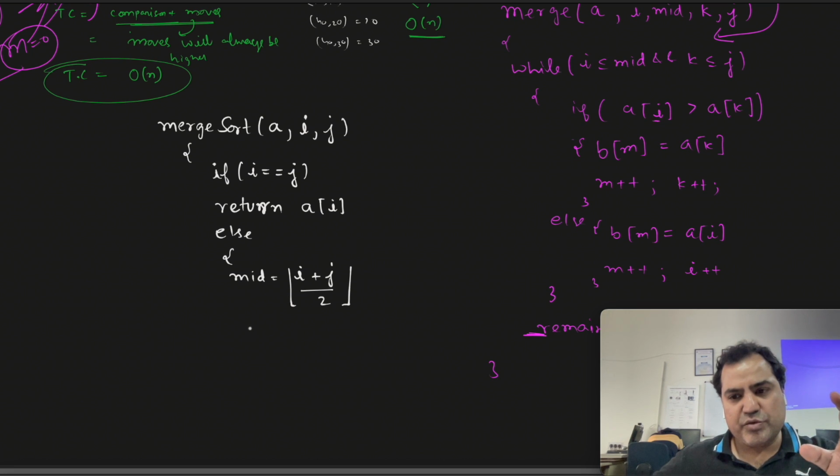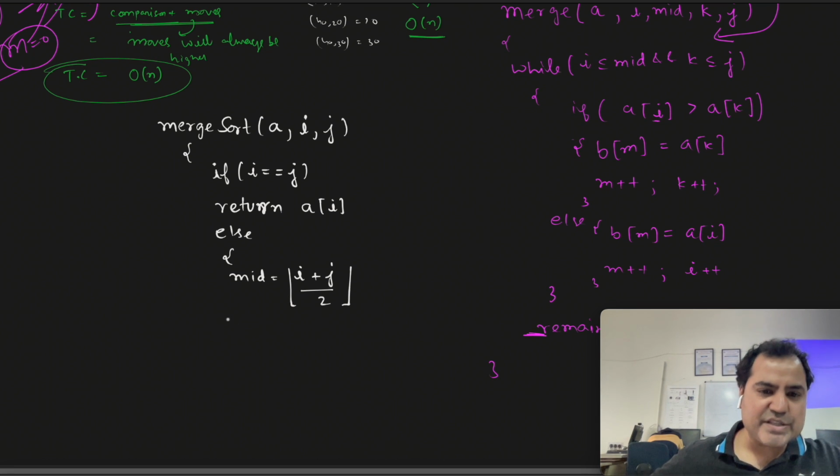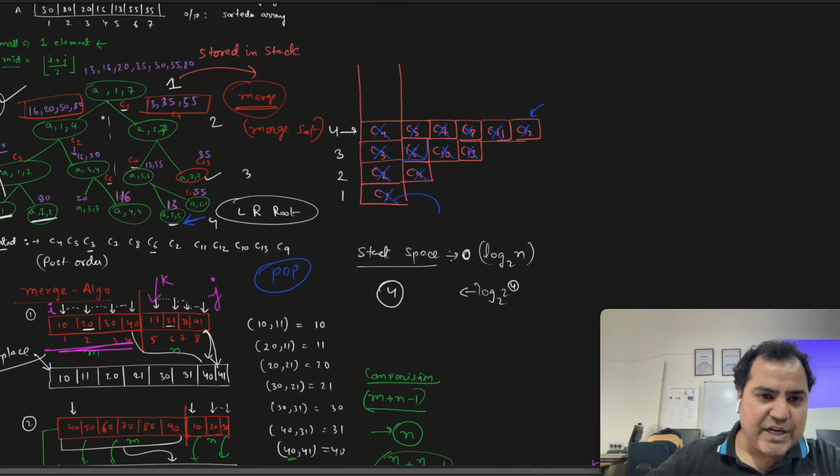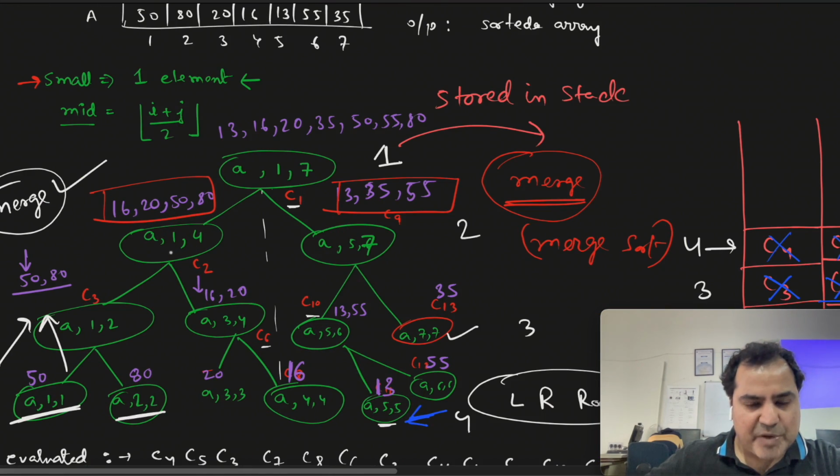Now what we have to do is call this algorithm again, that is called recursion. So merge sort, with the same algorithm and new parameters: A, I till mid, meaning go to the left side, divide it till mid, and again do the same procedure on the left side, right?